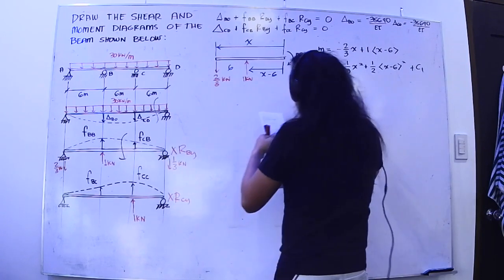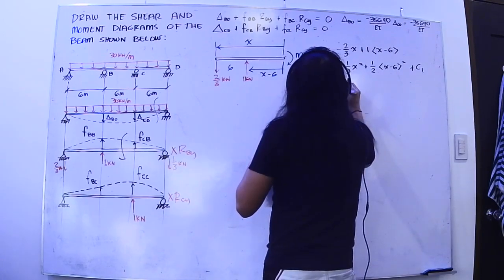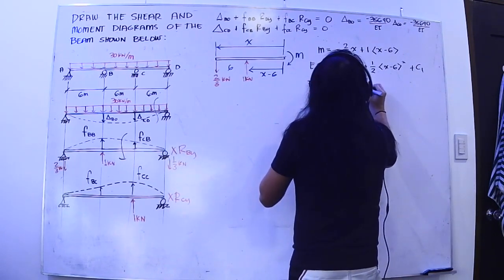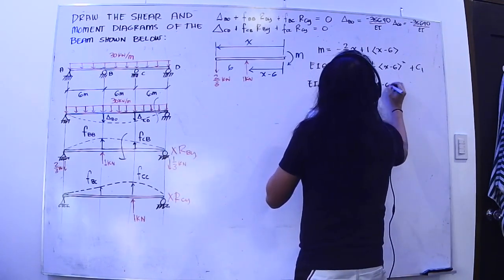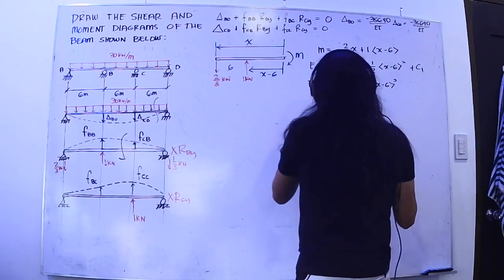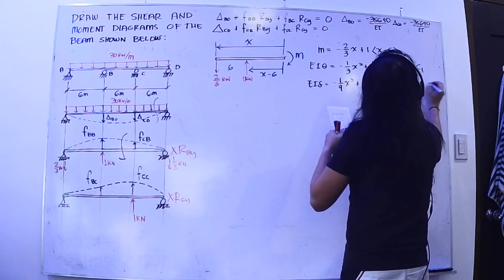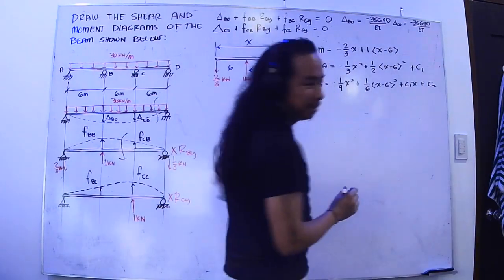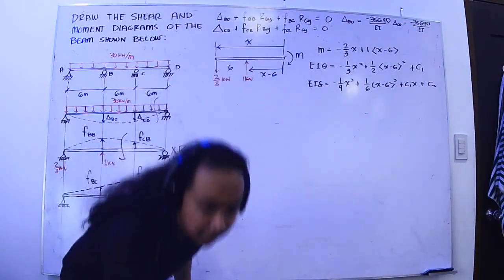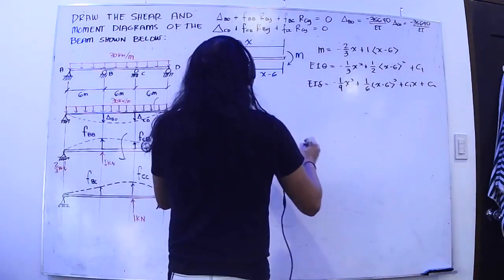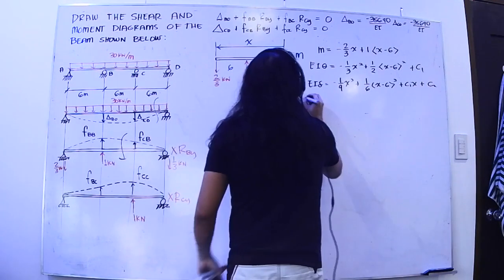And this is negative 1/9 x cubed plus 1/6 x minus 6 cubed plus c1x plus c2. Okay, so those are the expressions. And now I go to the boundary conditions.